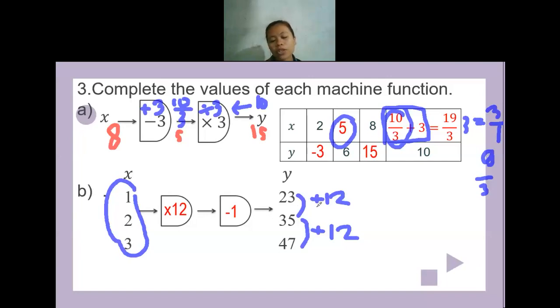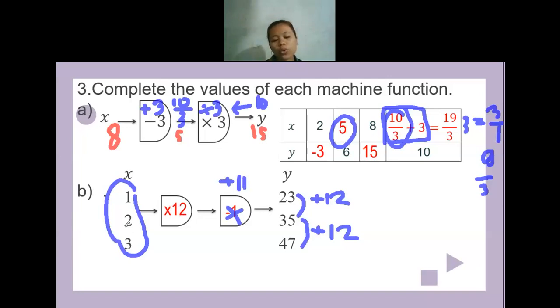Since it is plus 12, the first thing we have to do is times it by 12. 1 times 12 will not equal 23, so you need to think of something to make it 23. 1 times 12 is only 12. From 12 to 23, we need to plus 11. That's why we write plus 11.